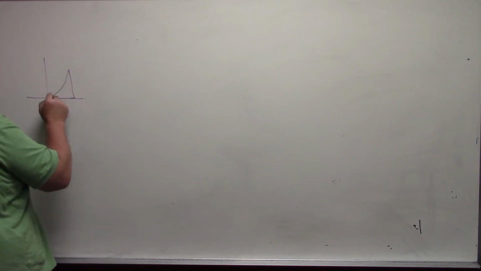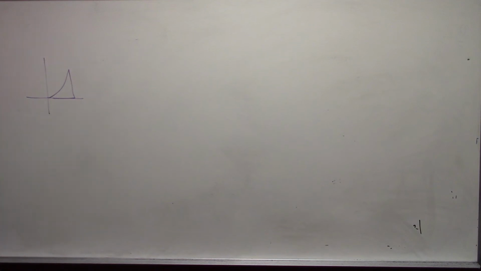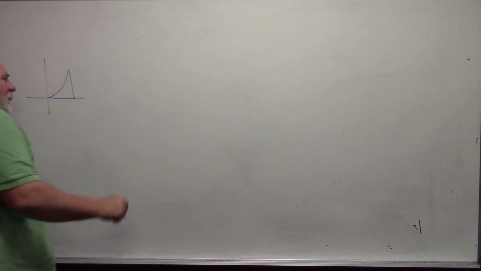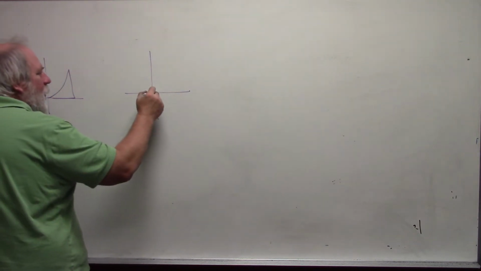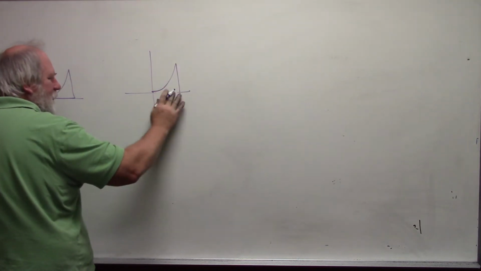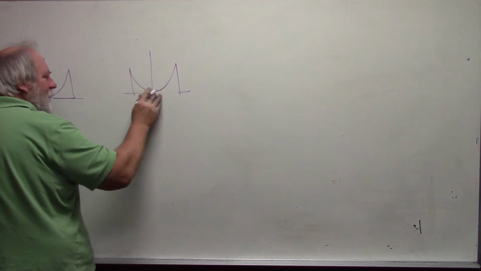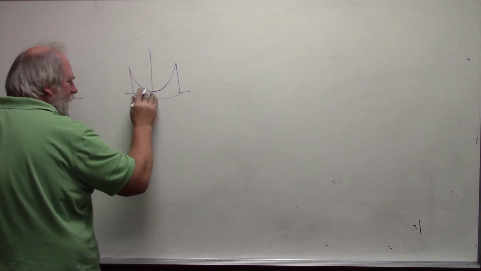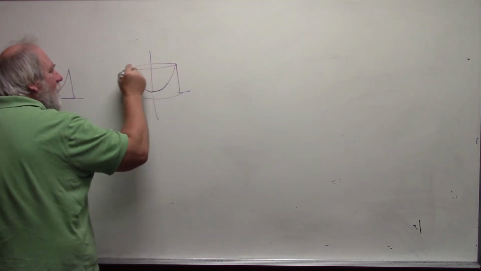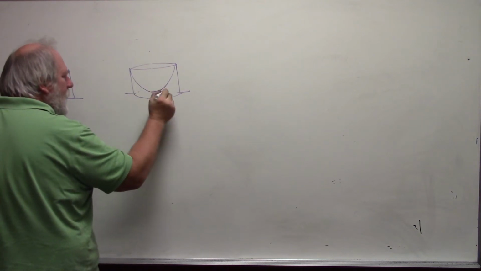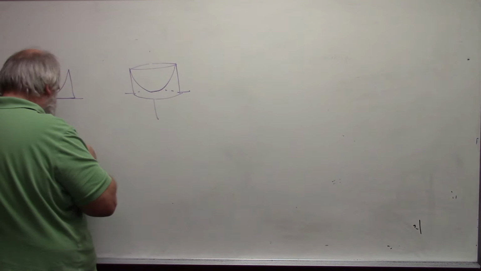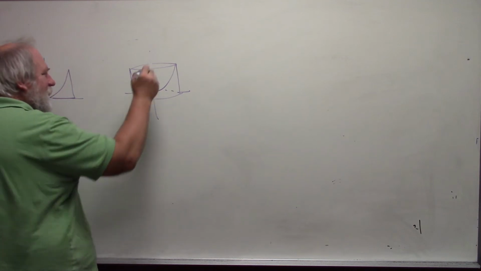Let's suppose this is my area, and if you remember, if I were to rotate this about the y-axis, I ended up with something that looked like this. Again, forgive the drawing, but something of this nature, with my axis right through the middle.